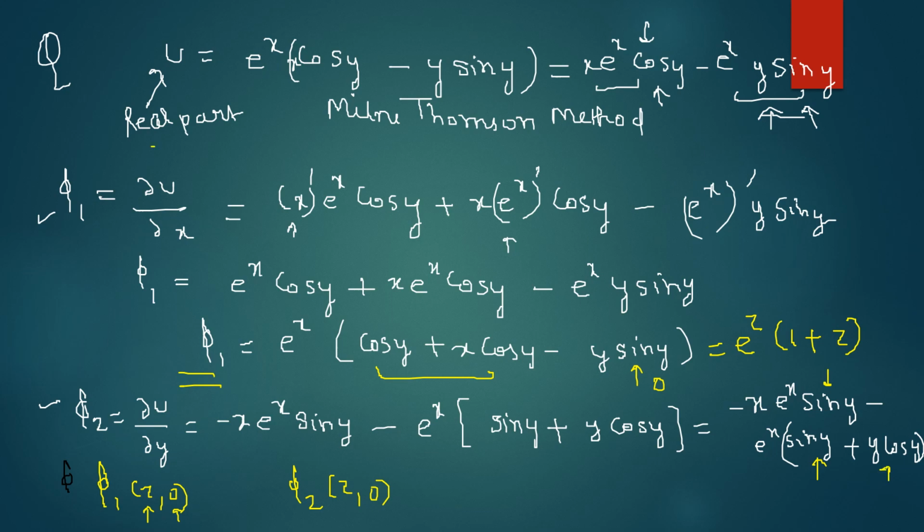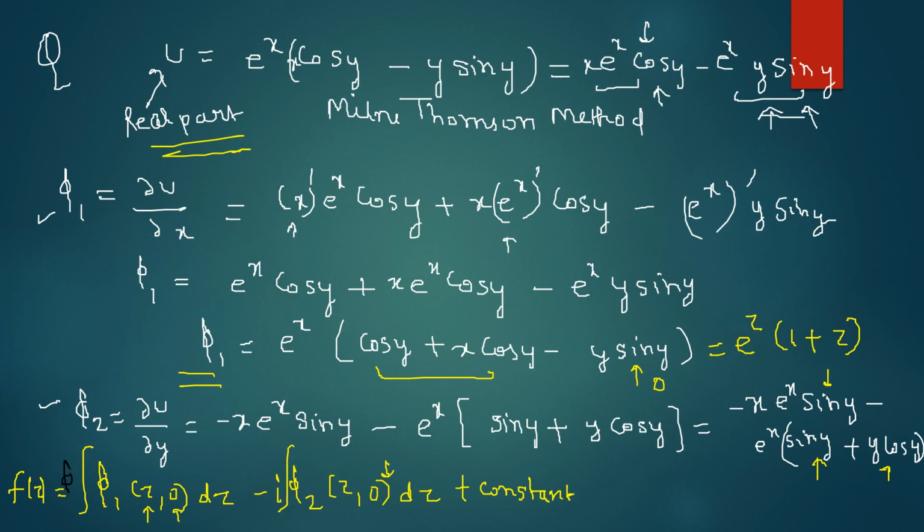So because real part is given, so Milne Thomson method states that the function will be the integration of phi 1 at z comma 0 with respect to z minus iota integration of phi 2 z comma 0 with respect to z plus constant. Yes or no? Now simply put here, this is 0, the whole thing is 0. Now you have to simply take the integration of phi 1.